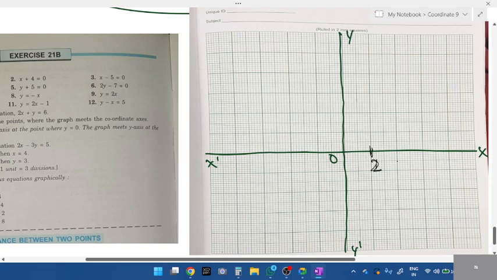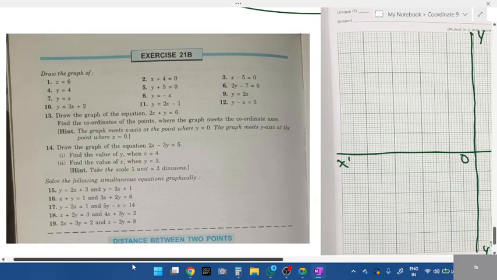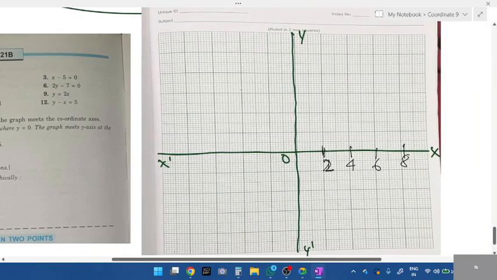See, it depends on the question. You can take 1, 2, 3, 4 or 2, 4, 6, 8. Okay, take it as 1, 2, 3, 4, students.